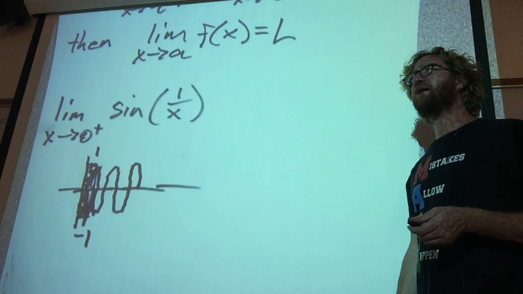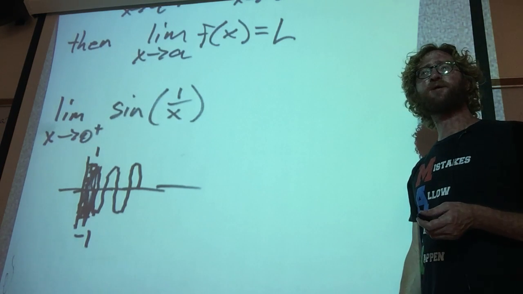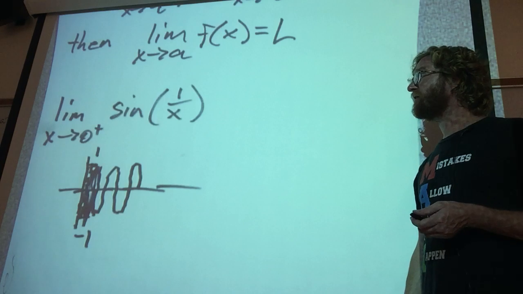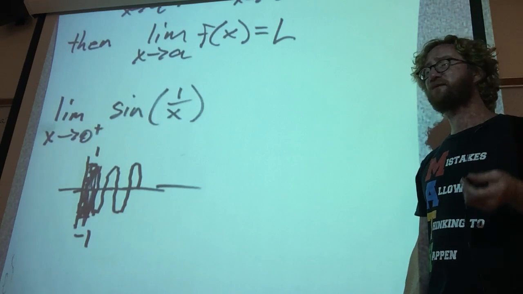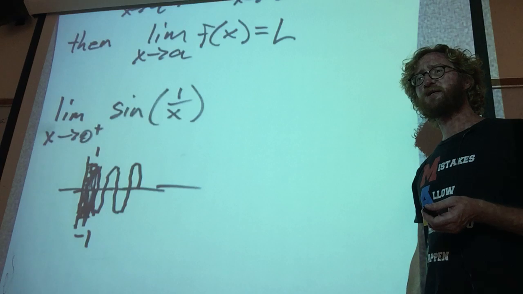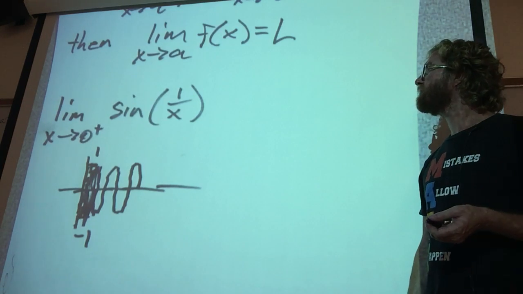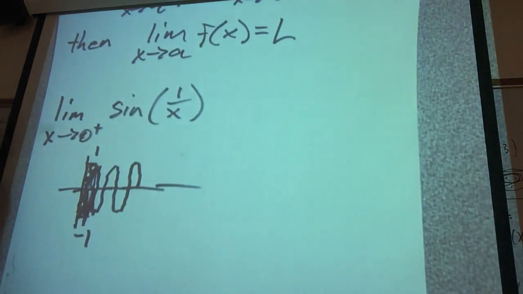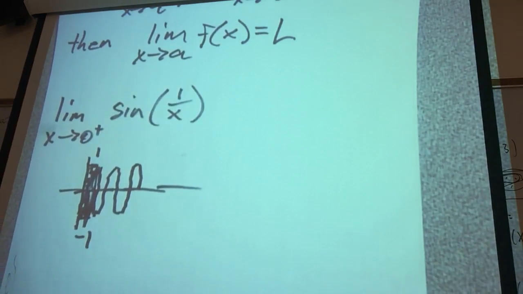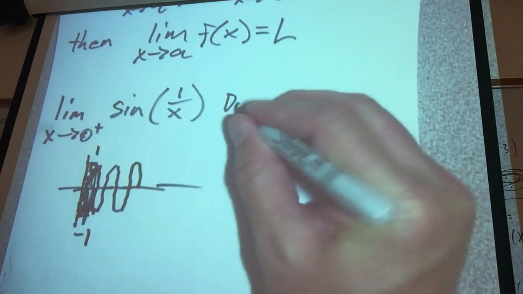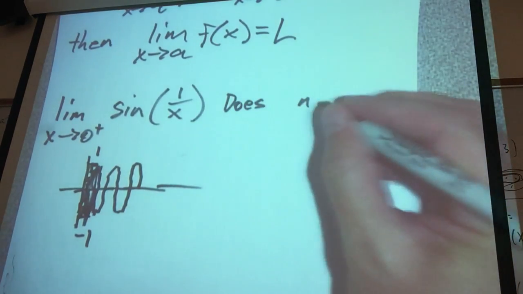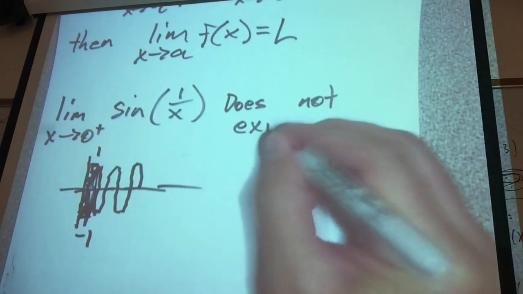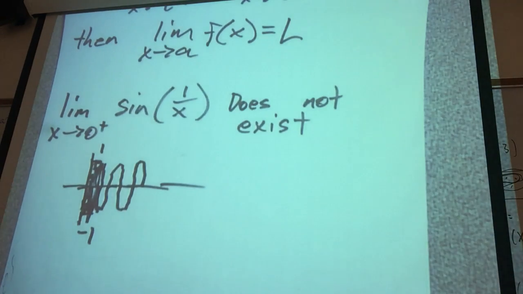last time in class we talked about how you can have something be a vertical asymptote and tend towards infinity, okay? Another case where a limit does not exist is when it just ends up oscillating back and forth between 1 and negative 1 faster and faster and faster, okay? So this limit right here does not exist. Because as you approach 0, remember, you can't have a constant that's divided by 0.